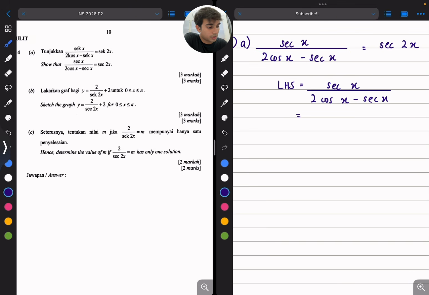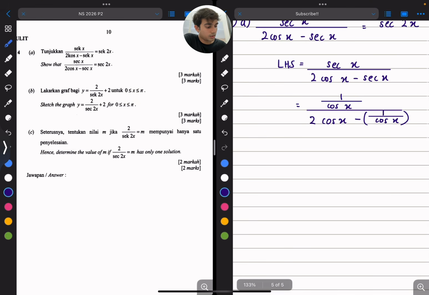So sec x is 1 over cos x. The third letter is C, so it is 1 over cos x. So we can write this as (1 over cos x) over (2 cos x minus 1 over cos x).